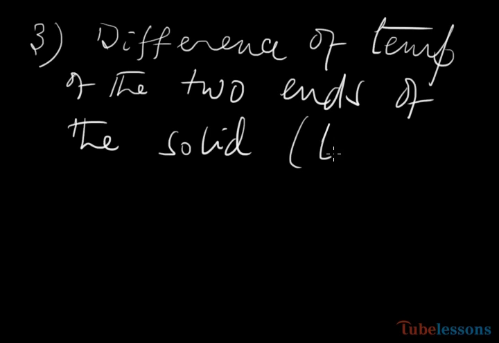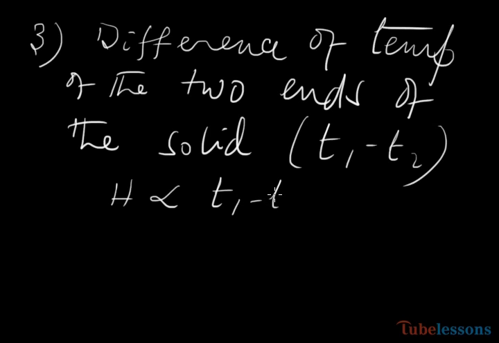Difference of temperature is T1 minus T2. That is, in the hotter end it was T1 and in the colder end it was T2. So the difference of temperature is T1 minus T2. Conducted heat is directly proportional to T1 minus T2, the difference of temperature. The more the difference of temperature, the more will be the conduction of heat.